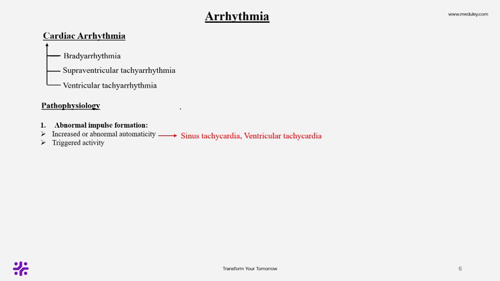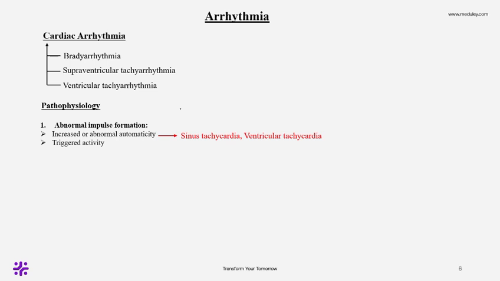During or after the depolarization, there will be some extra beat, and sometimes that extra beat is so high that it triggers the action potential to depolarize the cell and makes the cell reach the threshold, which produces a premature action potential.